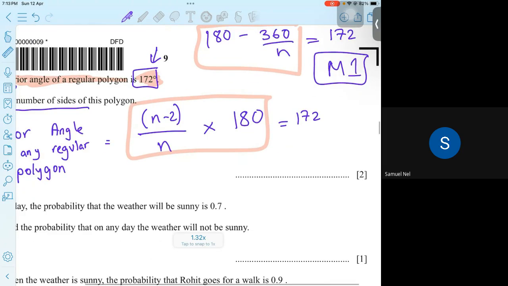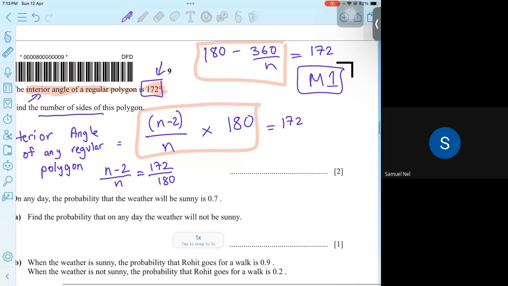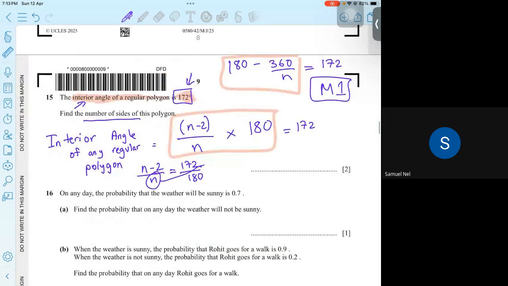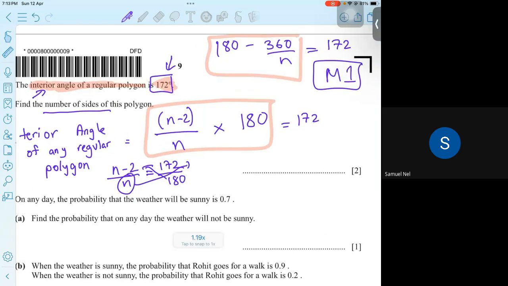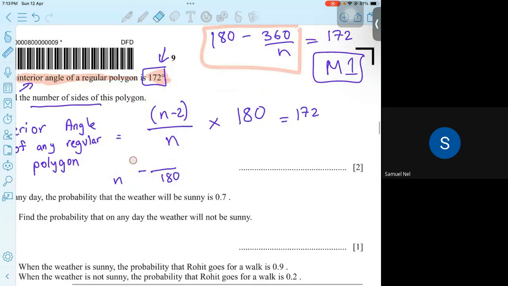Sorry. So (n minus 2) over n is equal to 172 over 180. And then we can just simply bring this into this side, right? And then this 180 to this side. And if you equate all the sides, let me just solve it for you. No worries. So (n minus 2) over n into 180 is equal to 172.